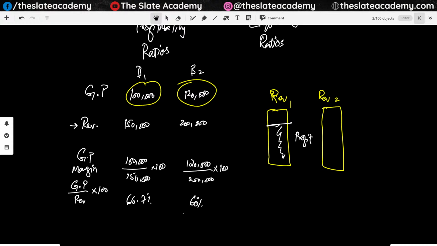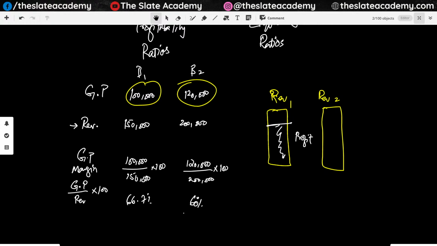So 100,000 divided by 200,000 will be 50% straight away. And for the first one, it is roughly 53%. So for this one, roughly 53%, and for this one, 50%.